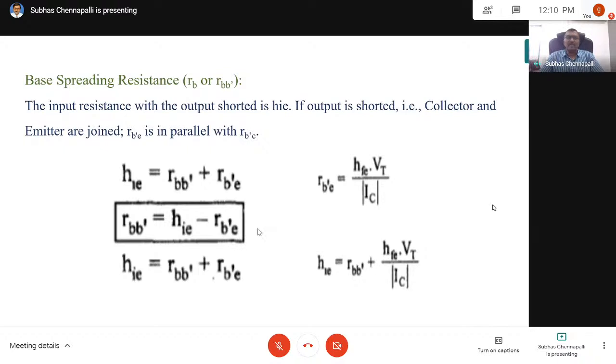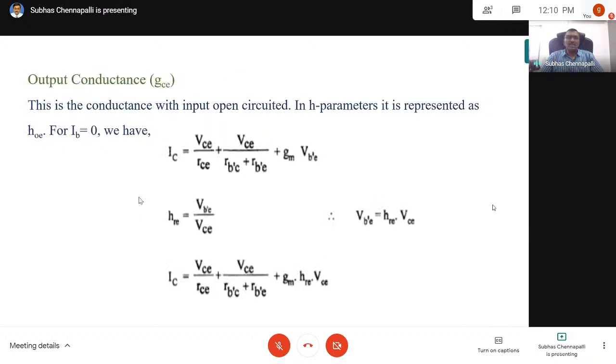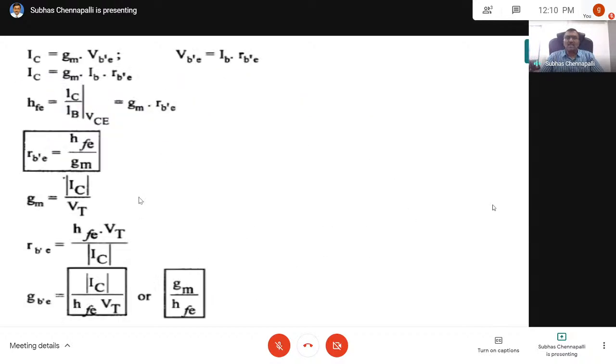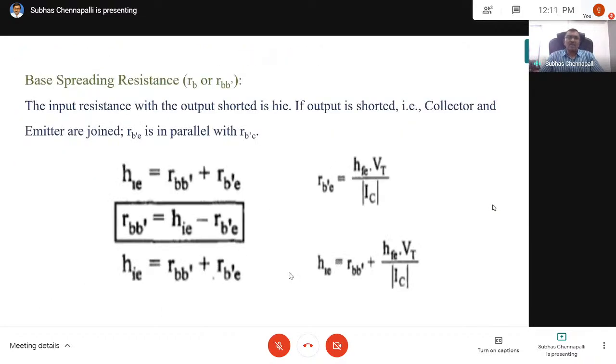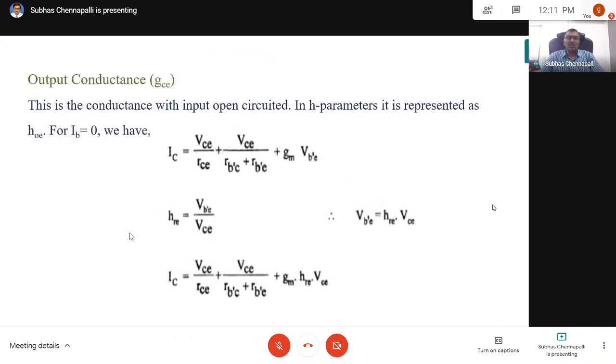Yes, you can write. Then GCE means inverse of RCE. This is RCE. 1 by RCE is GCE. Subsequently after we get the formula, we can invert it. No problem.